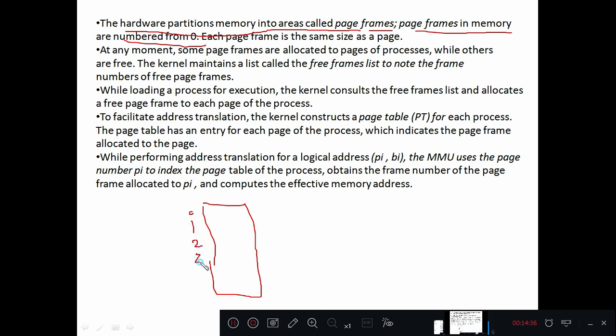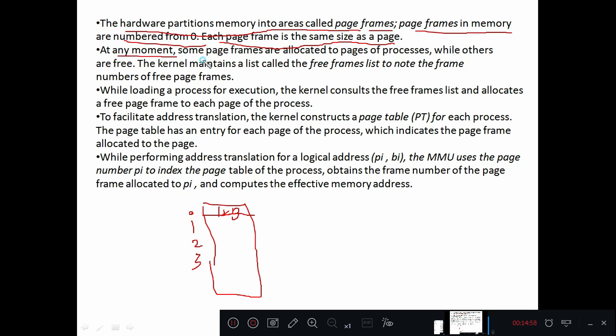Each page frame is the same size as a page, right? If this is a page frame and this is also considered as a page, its size will be equal to 1 KB, as we discussed in the last slide.